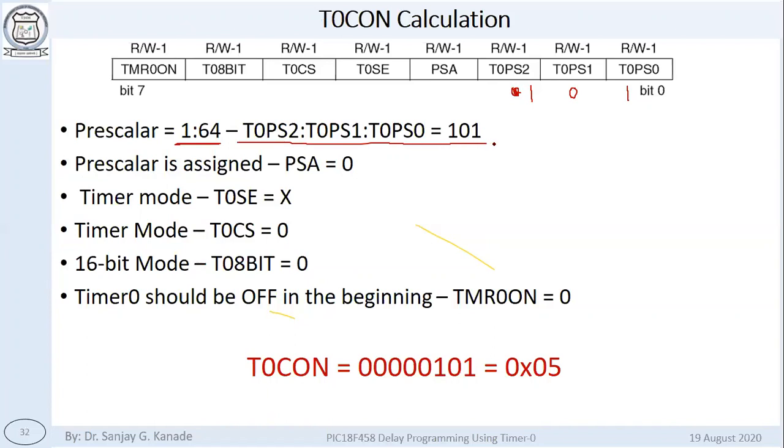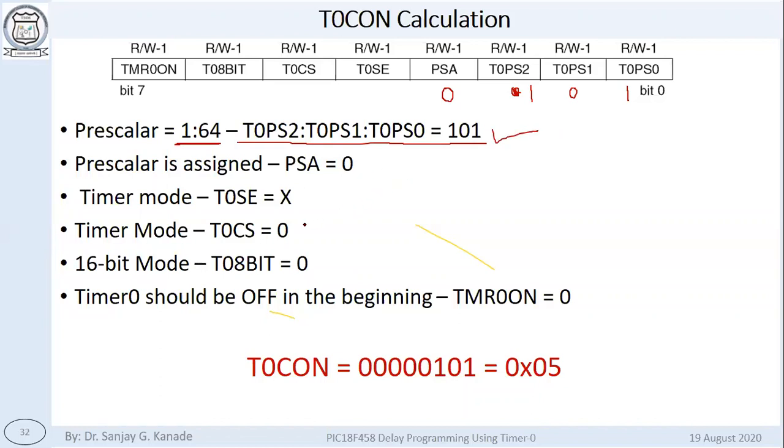This is based on the configuration given in the PIC18F datasheet. It is pre-decided that if you set these 3 bits as 101, then you select prescaler 1:64, provided PSA is also 0. PSA 0 means the prescaler is assigned, means this prescaler will be used if PSA is 0.